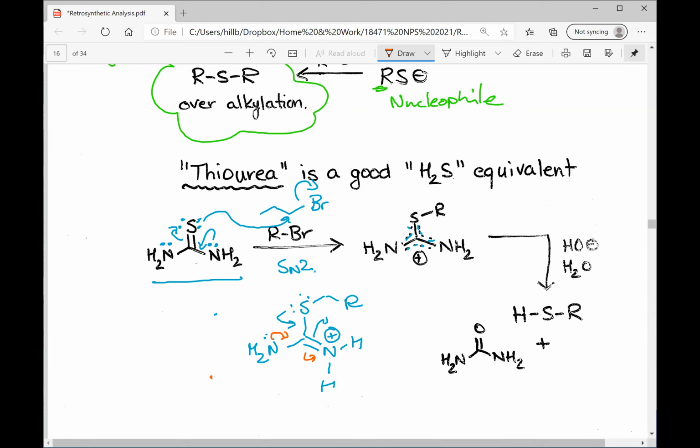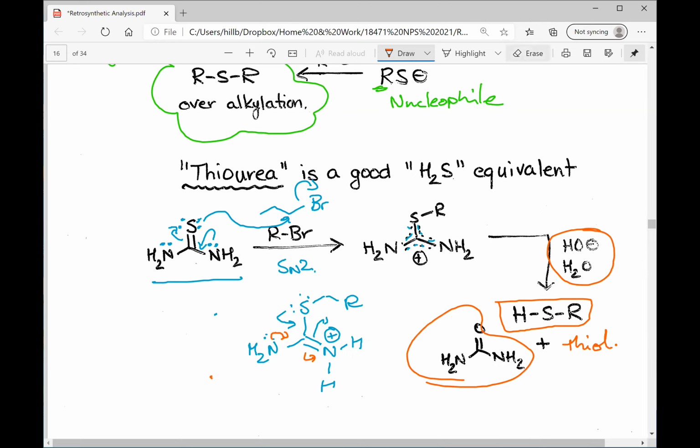Then this is a hydrolysis reaction. So it's just taking water and hydroxide, and that releases your thiol, and it generates urea.